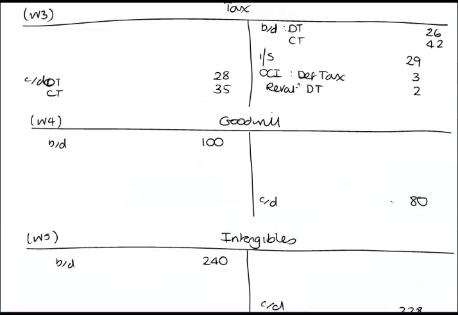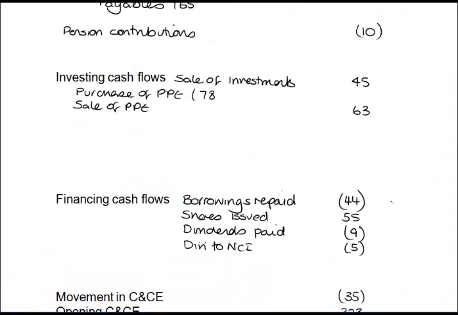Our purchase of PPE should not be $78 million as is shown in the additions, but our purchases of PPE actually comes from working number 7 and is $57 million, the cash which has been paid.